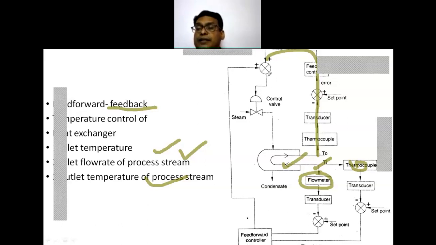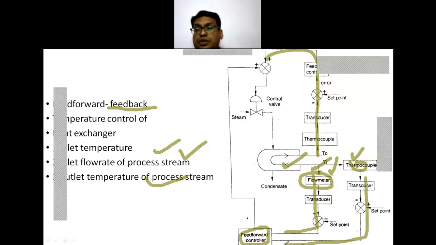In addition, there are two responses, one from the flow rate and second from the thermocouple. So there is one feedback controller and one feed forward controller, which measures the response from the flow meter and from the inlet process stream.